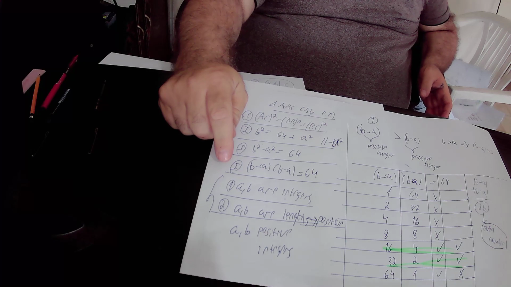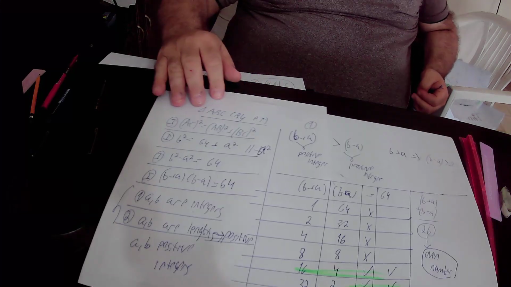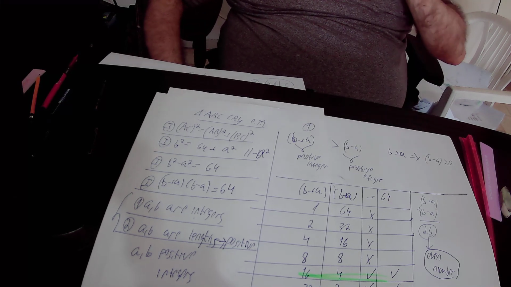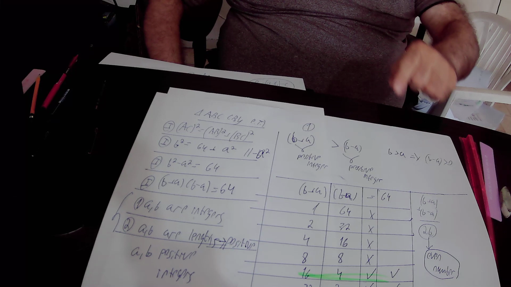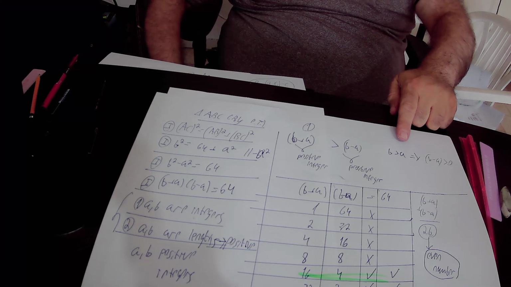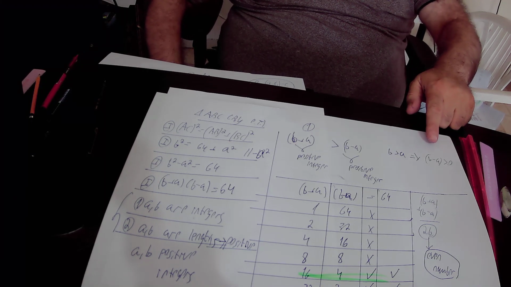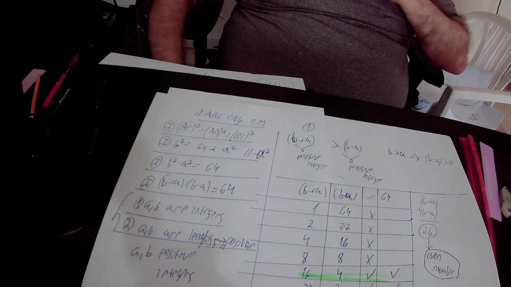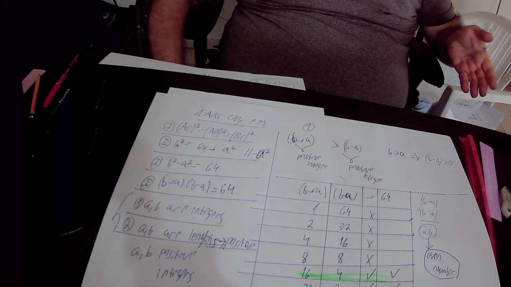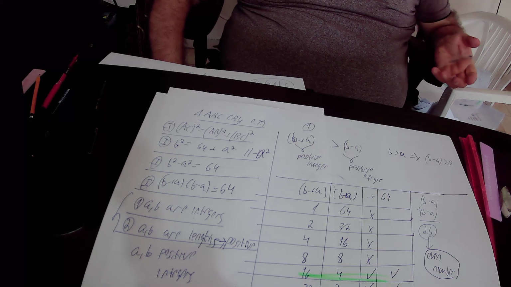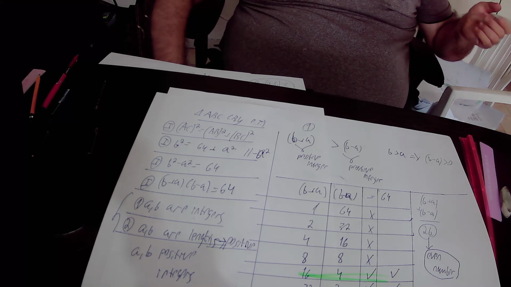So if A and B are positive integers, it means that B plus A must also be a positive integer. And we know that B is the hypotenuse, so it must be greater than the other side of the right triangle, that is to say B must be greater than A. We found out that B minus A is a positive number, and because B and A are both positive integers, B minus A must be a positive integer.